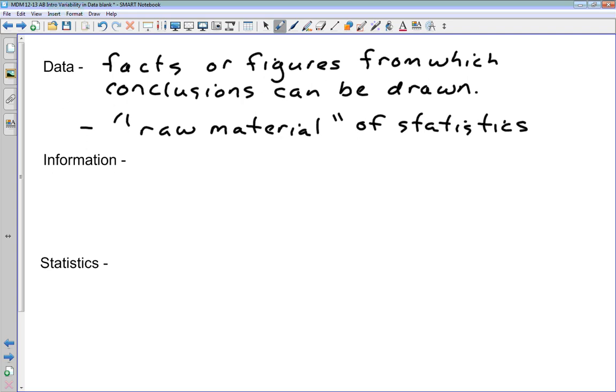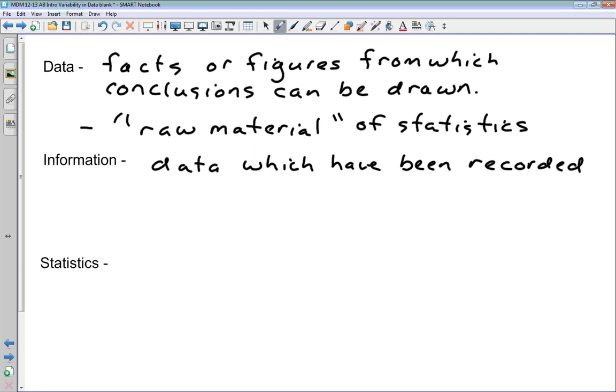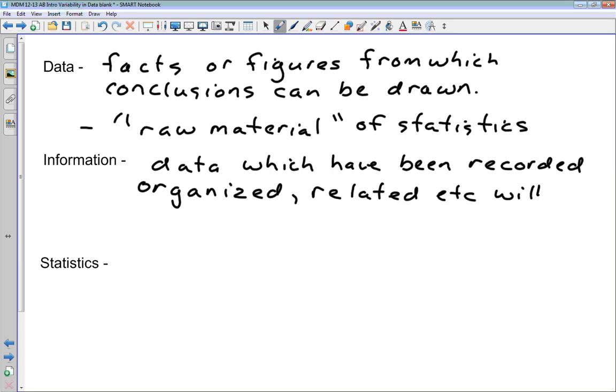Which brings us to information. Information is data which has been recorded, classified, organized. We've done something to it so that we can interpret it. Data which have been recorded, organized, related to one another, etc., within a framework of some kind.